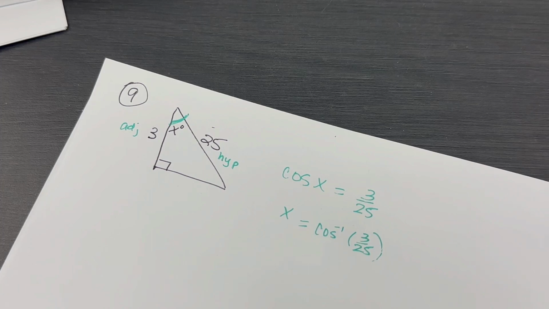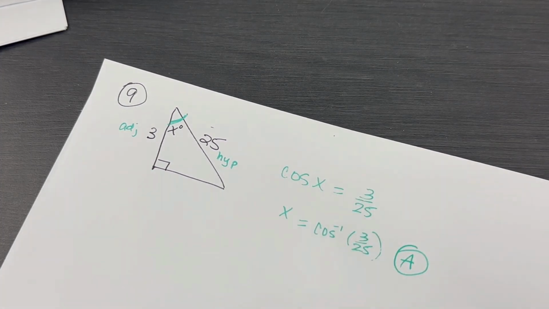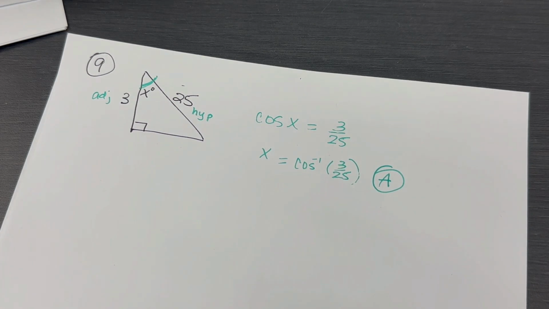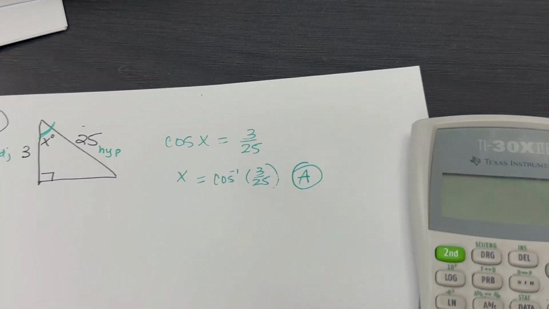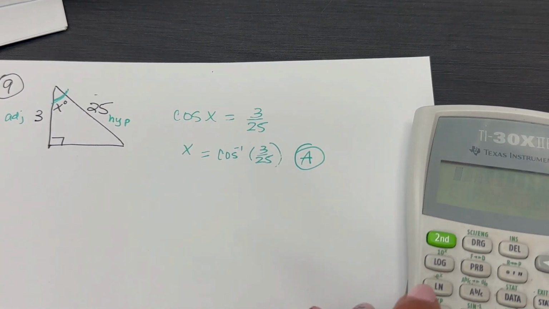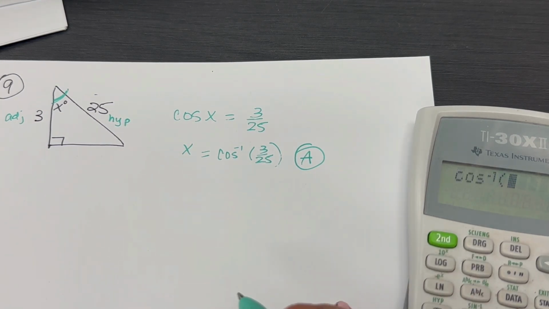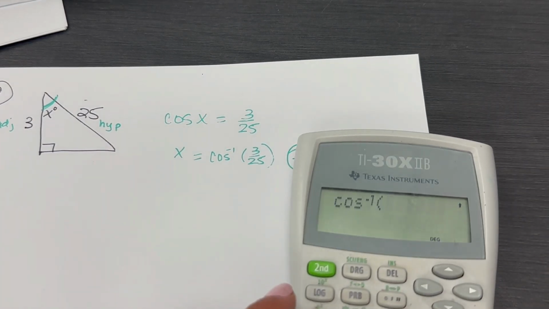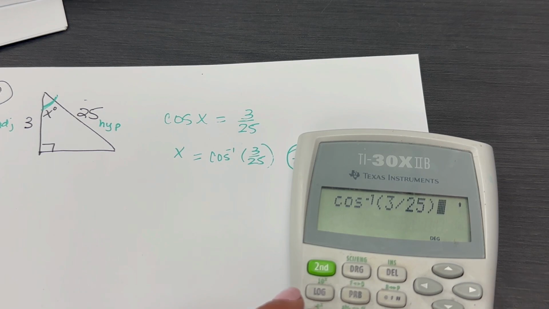So that means I need to select for part A, letter A. Then there was a part B. It says to find the measure of angle x, so now we actually have to find it. The next part is using our calculator. If you're using this one, second cosine of 3 over 25 equals 83.1 degrees.